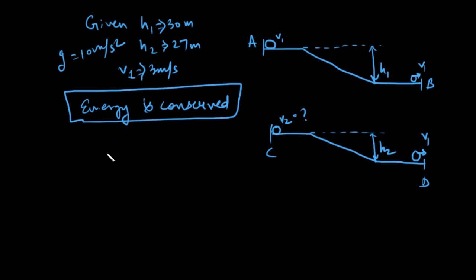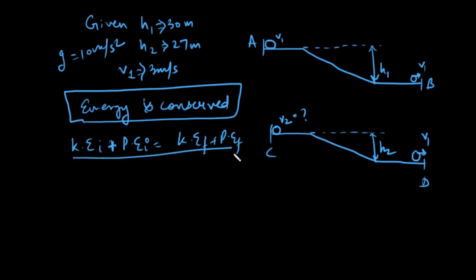So this means the initial sum of kinetic energy and potential energy would be equal to the final sum of kinetic energy and potential energy for both the cases. You see, in the final case there is no height, hence the potential energy goes away.